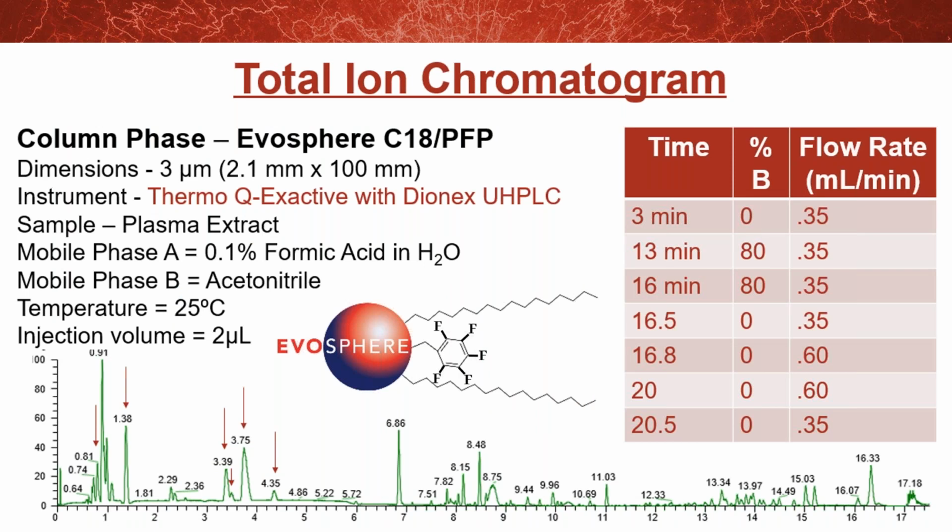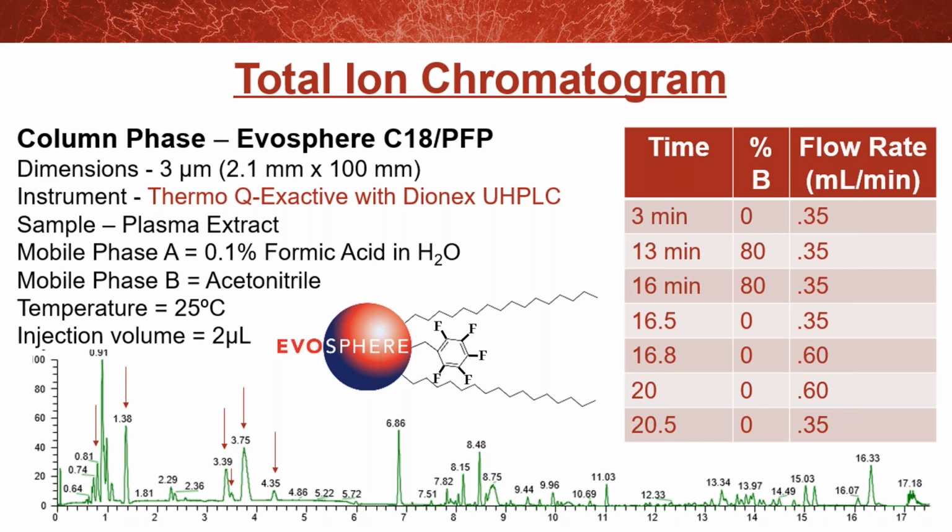So this is the total ion chromatogram and the arrows there are pointing at which part of the chromatogram we're going to show. It was done on a Thermo Q Exactive, which is a very powerful MS. It's a plasma extract. It's an untargeted approach.